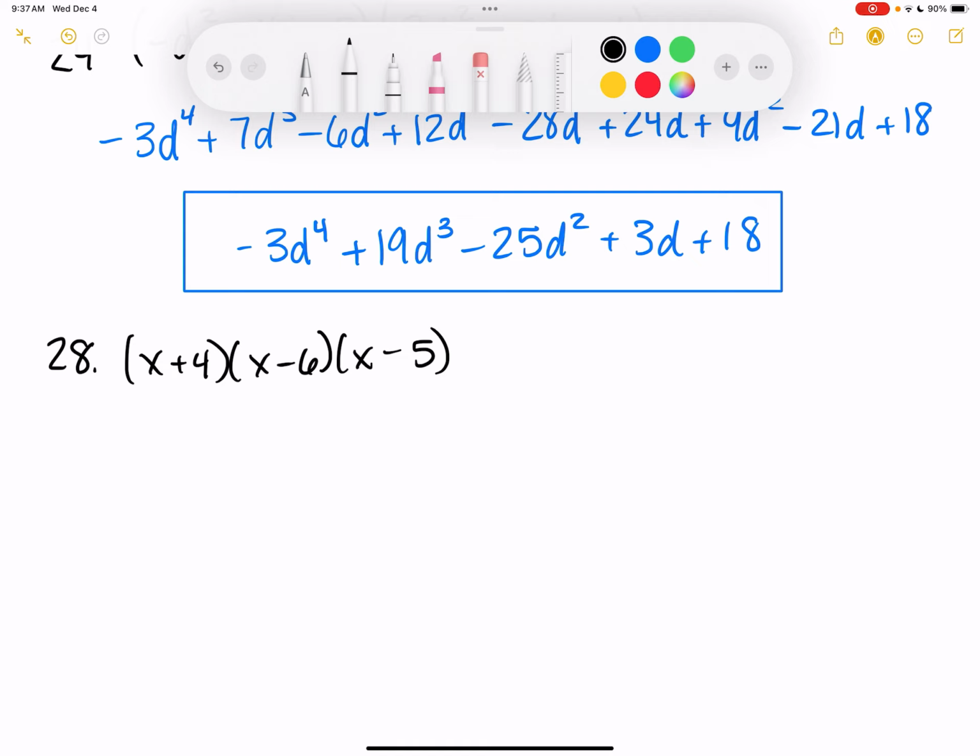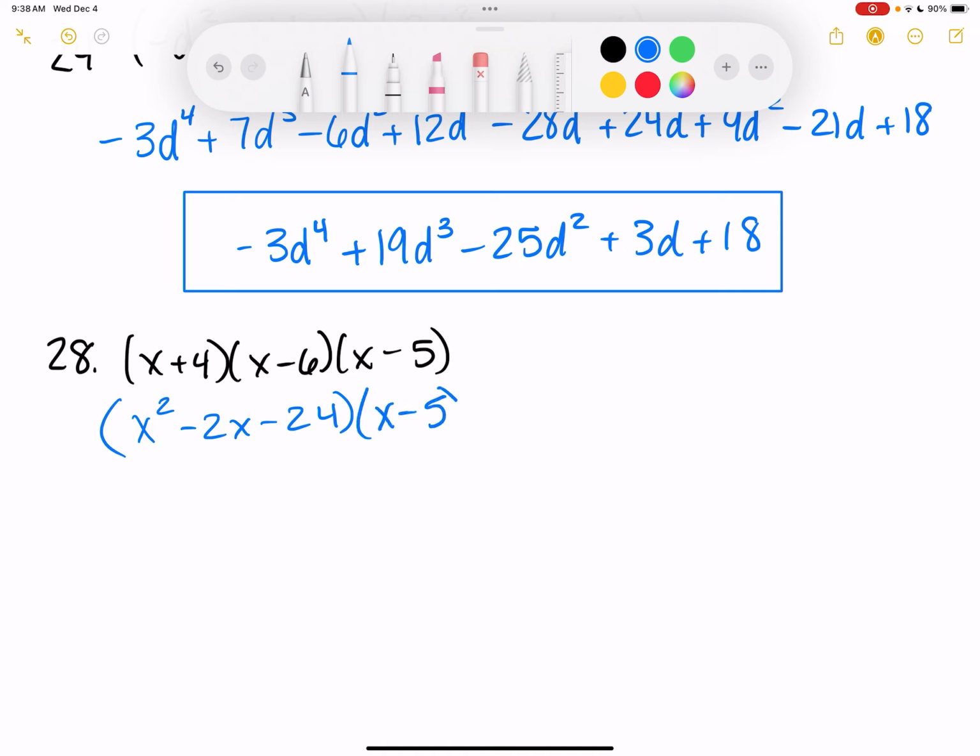So x plus 4 times x minus 6, what do you get? x squared minus 2x minus 24. So we had plus 4x minus 6x, which gave us the minus 2x in the middle, in case we're not tracking. So now I have x squared minus 2x minus 24 times x minus 5.